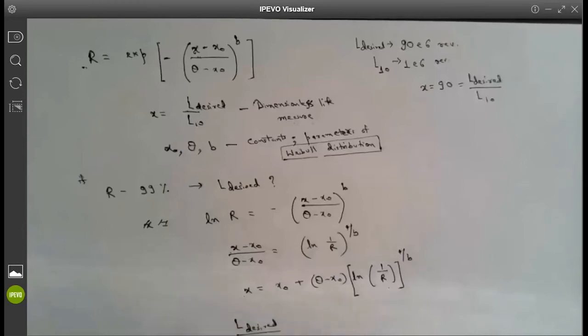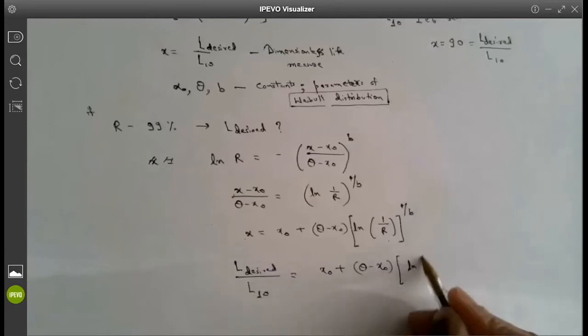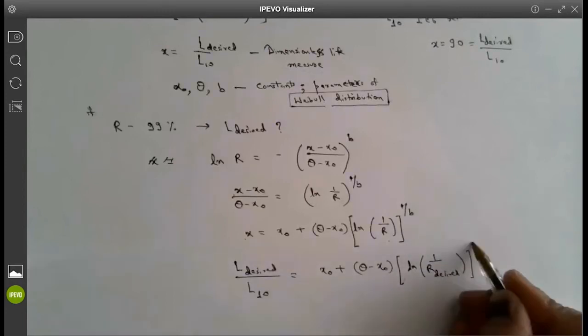divided by L10, equal to x naught plus theta minus x naught, ln of 1 over R desired, to the power 1 over b.